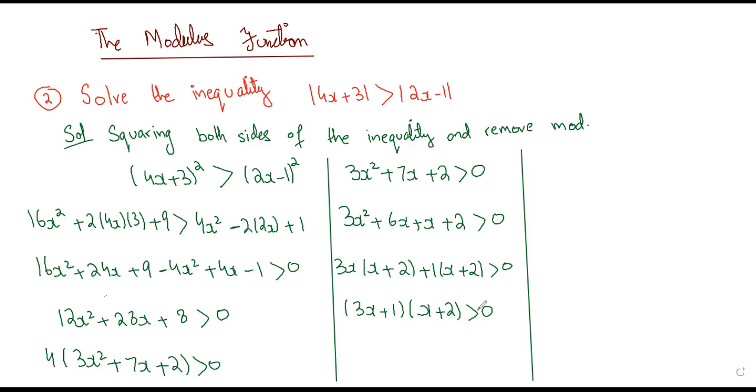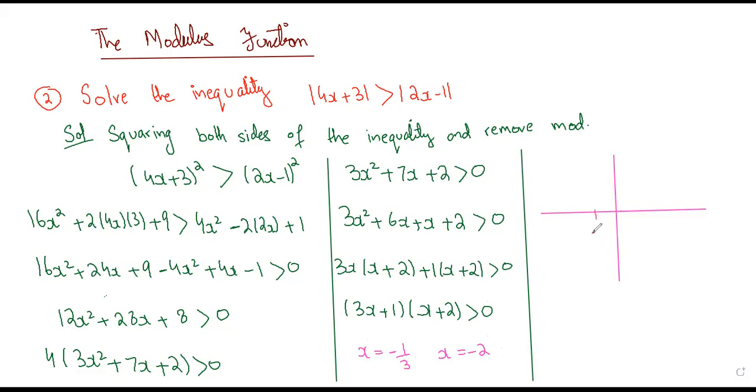that you need to make the graph. So for the graph, I am going to make the y-axis, the x-axis, and I know that it would be x equals minus 1 by 3, and it would be x equals minus 2.